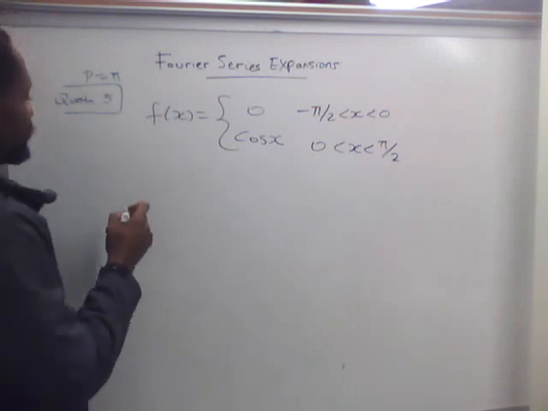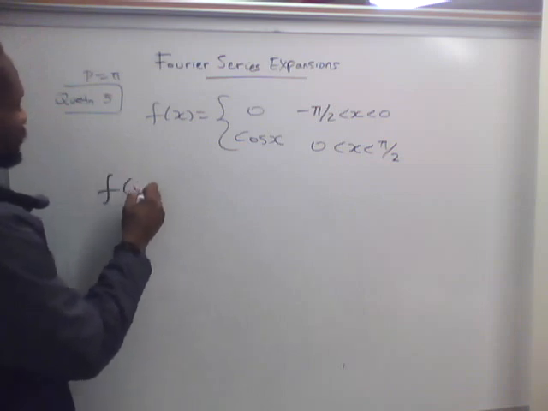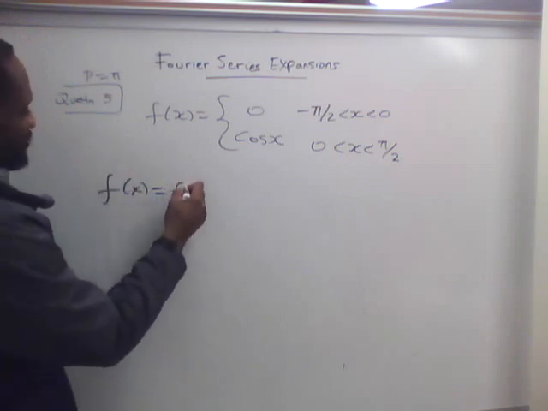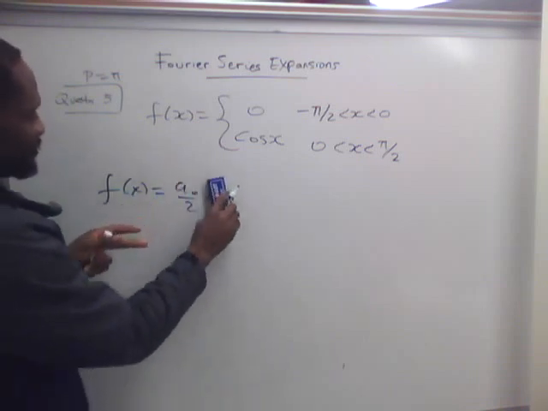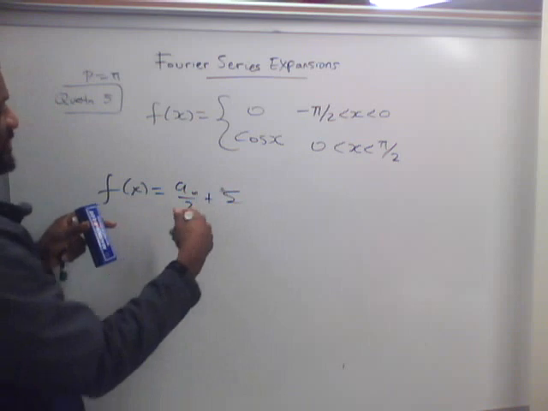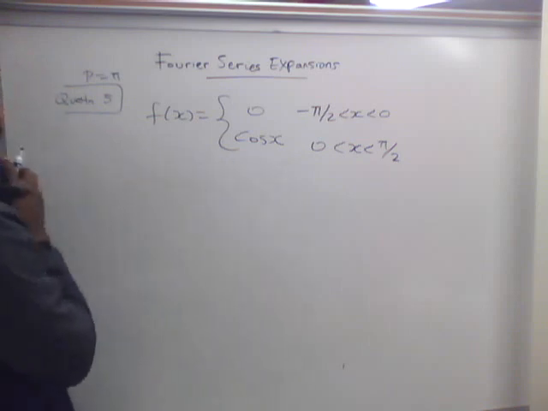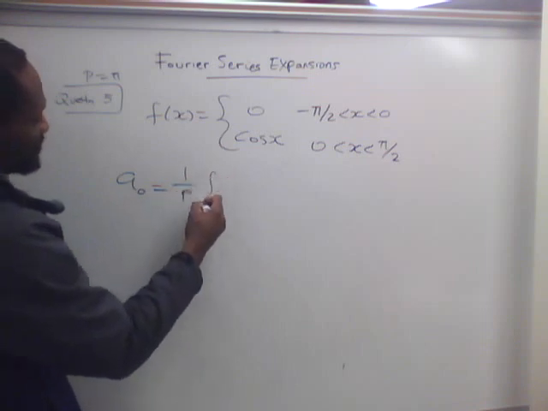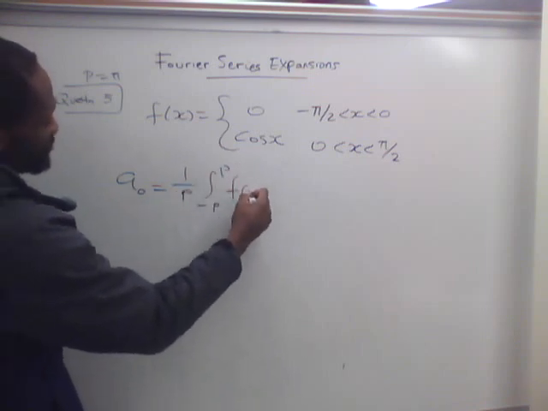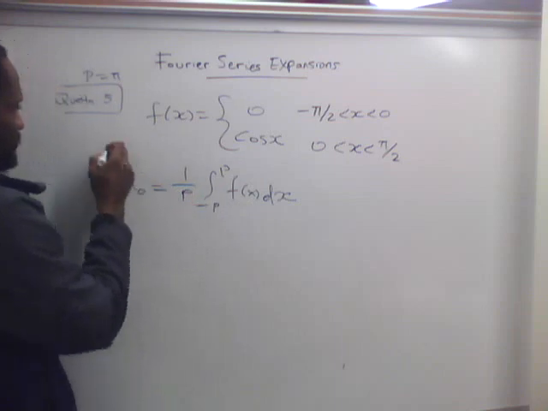So again, we use the full Fourier series expansion, which you know the form already. I don't need to write it down. Determine the coefficients. A0 is 1 over p, integral from negative p to p of f of x dx.